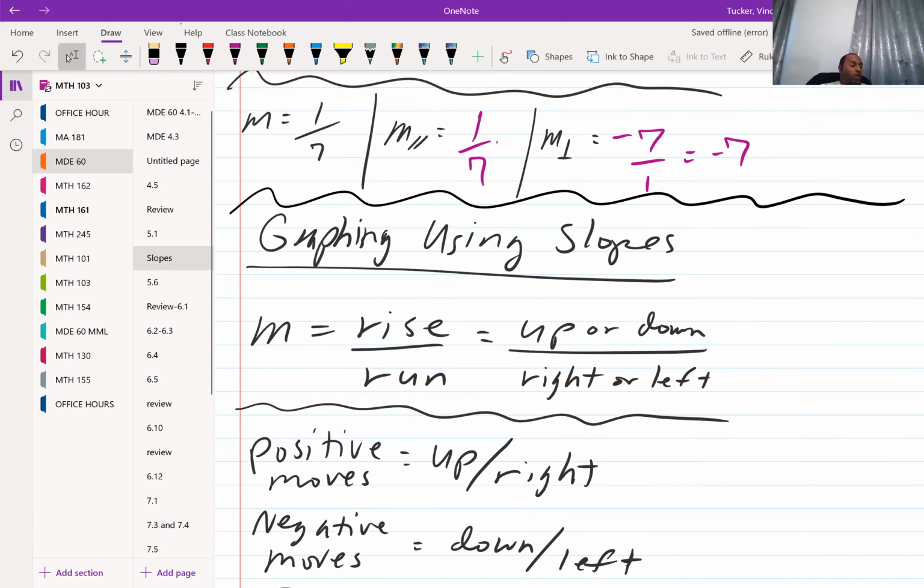It's going to tell us whether from a certain point we go up or down, left or right. Your rise represents your up or down movement. Your run represents your right and left movement. What will dictate whether you go up or down, right or left, is whether we have a positive number or a negative number. Our positive moves will be up and right. Our negative moves will be down and left.